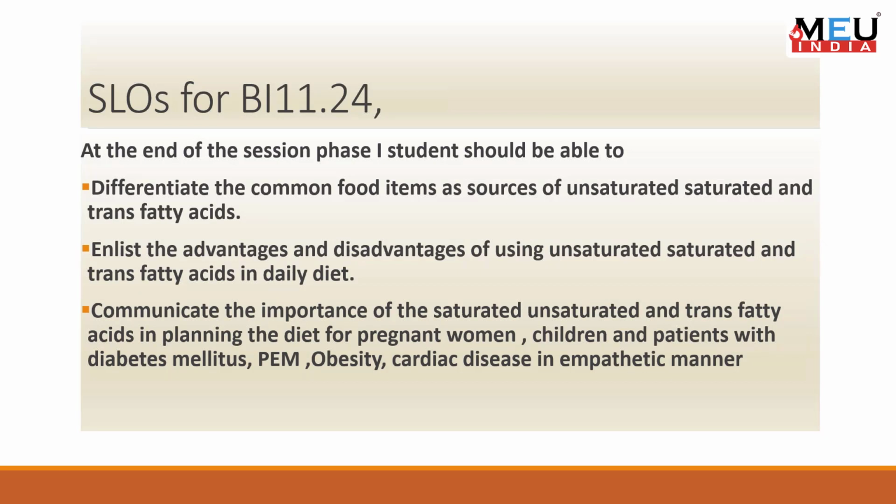Enlist the advantages and disadvantages of using unsaturated, saturated, and trans fatty acids in daily diet. Then communicate the importance of saturated, unsaturated, and trans fatty acids in planning the diet for pregnant women, children, and patients with diabetes mellitus, protein energy malnutrition, obesity, and cardiac diseases in an empathetic manner.